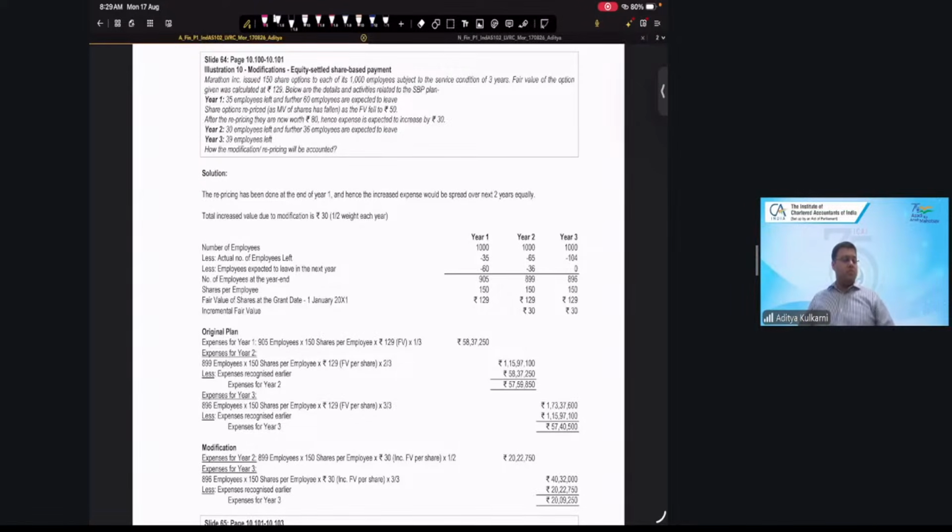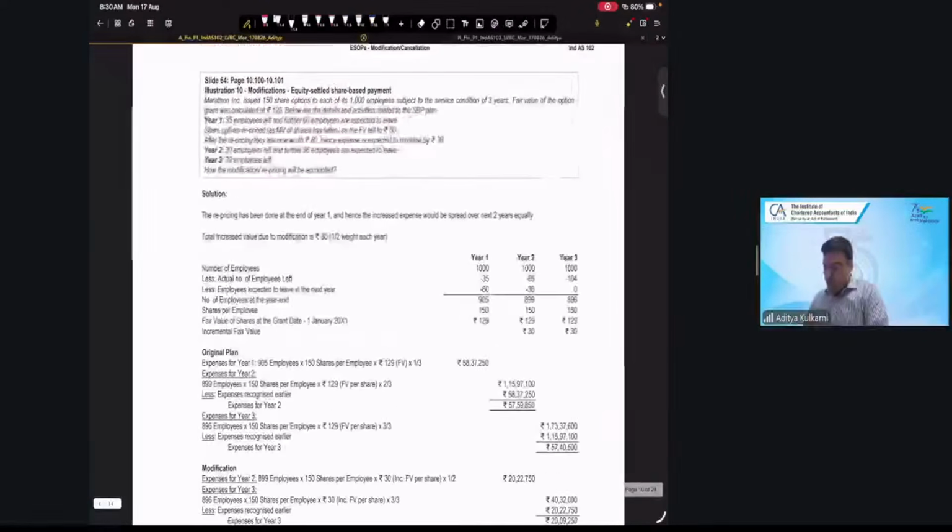So if I have a modification which is adverse to employees, the original plan continues as it is, the new plan has no effect, because incremental fair value is zero. If it is beneficial to employees, the old plan will continue as it is, and the new plan will be recorded over the remaining vesting period. Okay, so that is all about repricing of options.